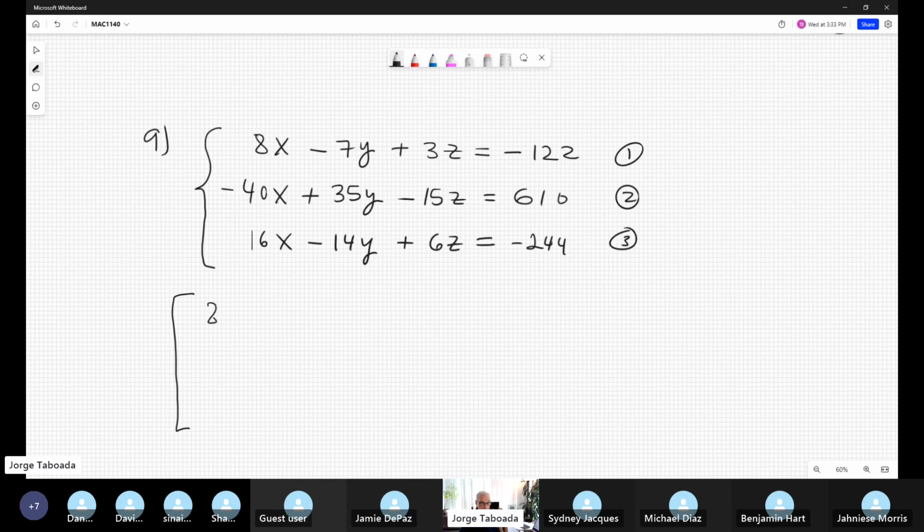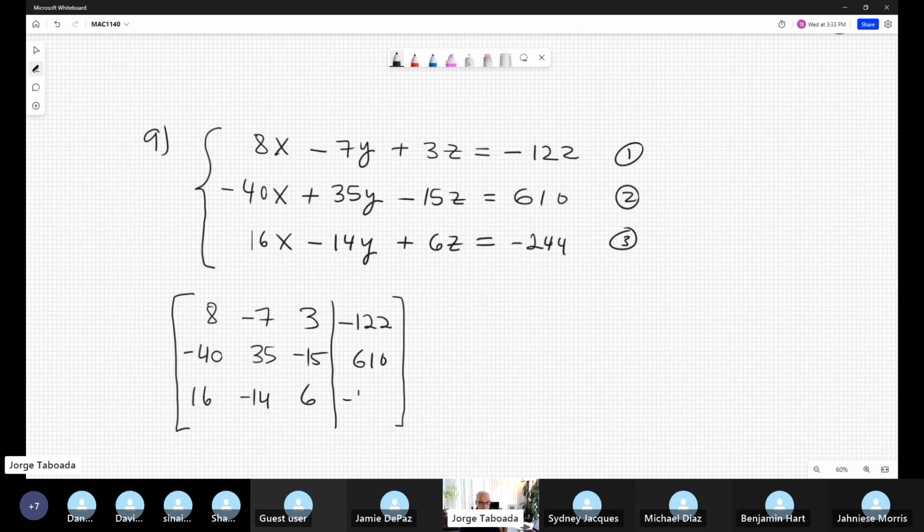You copy matrix A: 8, minus 7, 3, bar minus 122, minus 40, 35, minus 15, 610, 16, minus 14, 6, and minus 244. This is the matrix, 3 by 4 again. And you apply the famous reduced row echelon form.